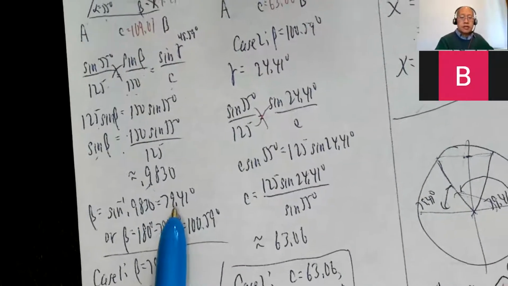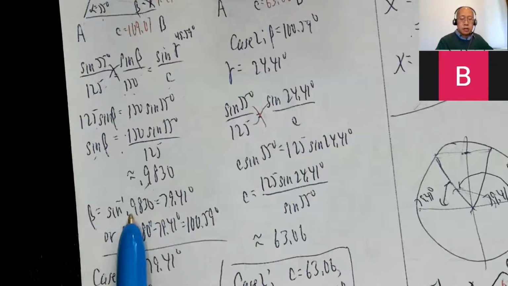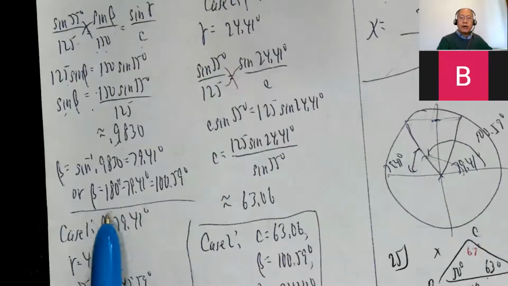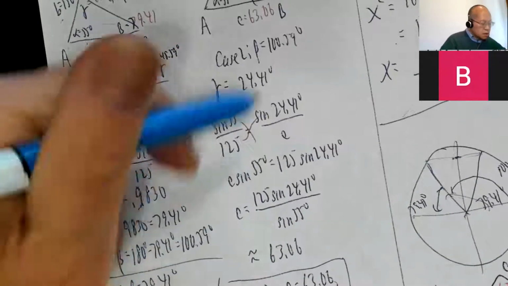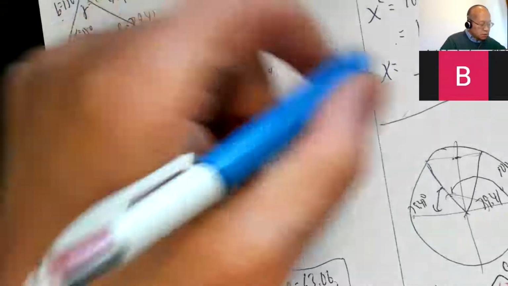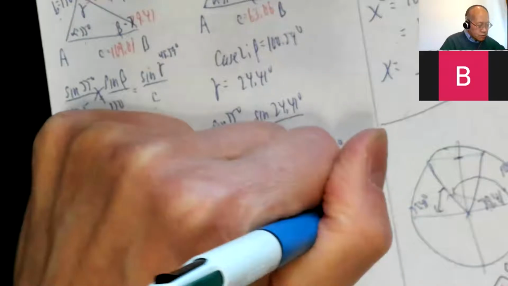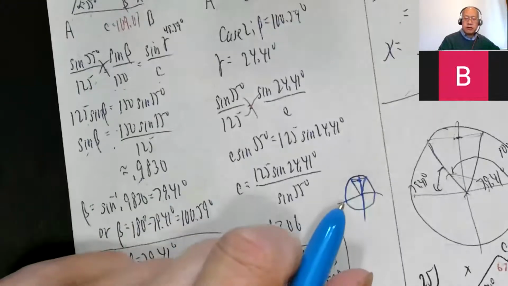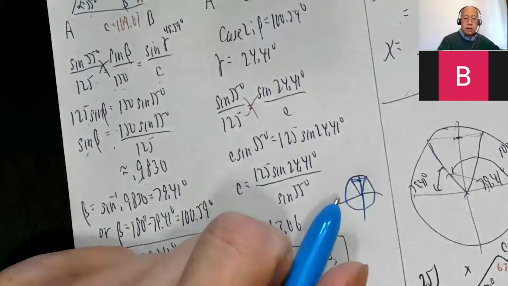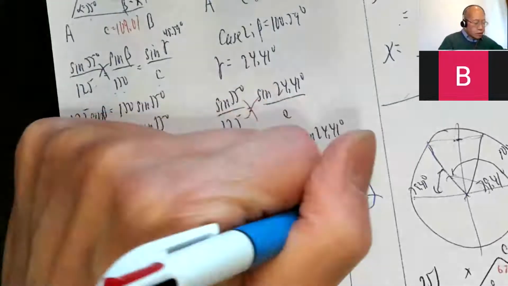However, there's a second quadrant angle that also satisfies this. You want the y coordinate to be 0.9830. If you think of a unit circle, where can I sneak this in? For a given y coordinate, there's an angle here, but there's also an angle here. Your calculator is going to give you 79.41.